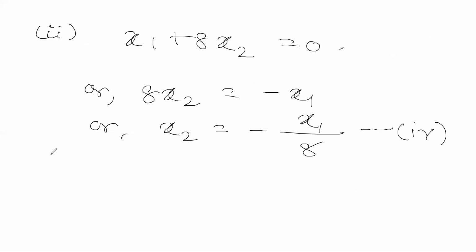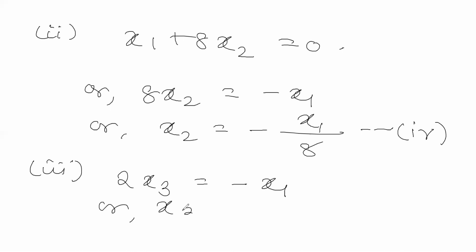Similarly, from equation number 3, we can write 2x3 is equal to negative x1, or x3 is equal to negative x1 by 2.